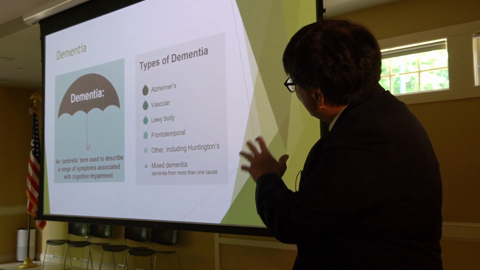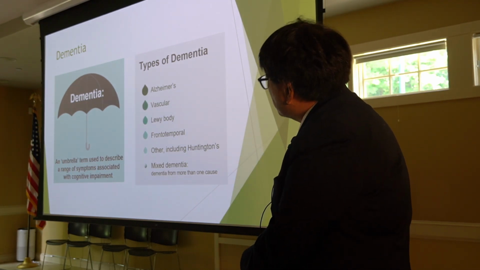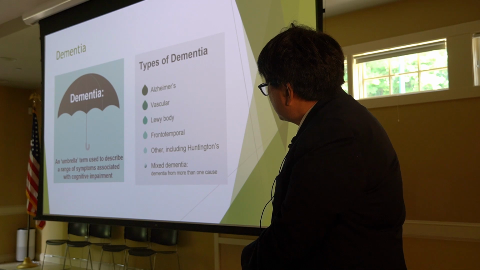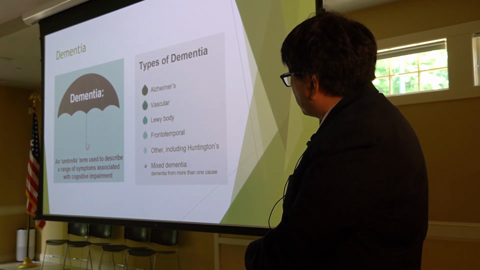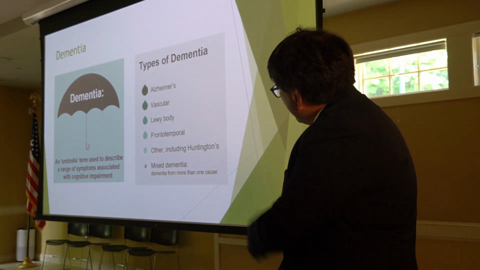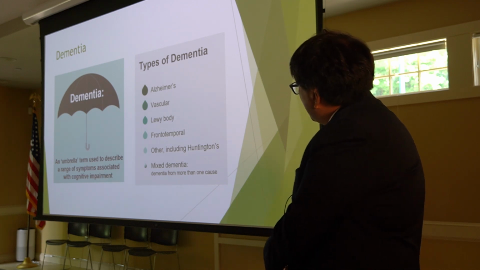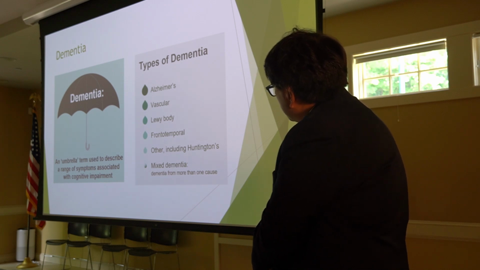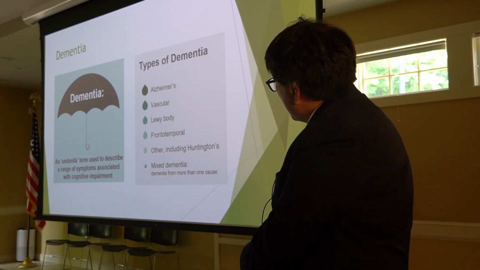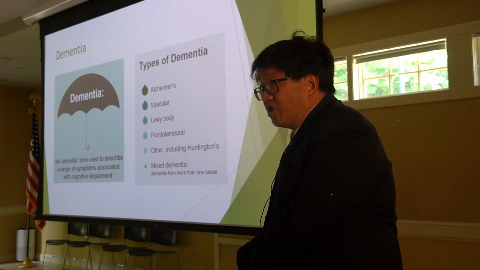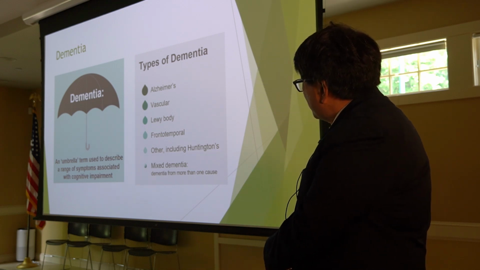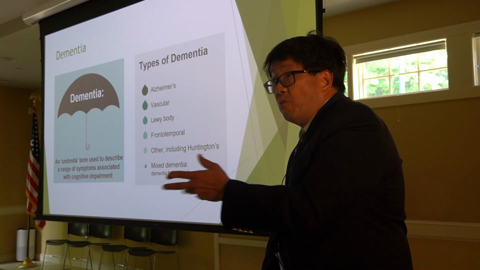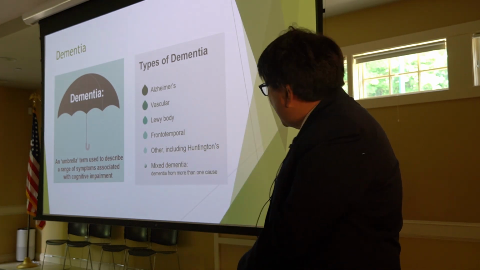So, you can look at dementia as an umbrella term used to describe a range of symptoms associated with cognitive impairment. And to the right, you'll see the most frequent forms of dementia. We'll talk not only about Alzheimer's, but we'll also touch on vascular dementia and Lewy body dementia, which are the two more common forms of dementia after Alzheimer's.